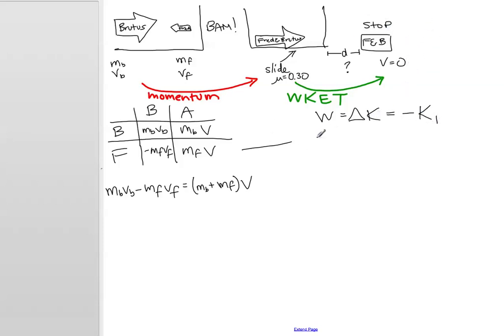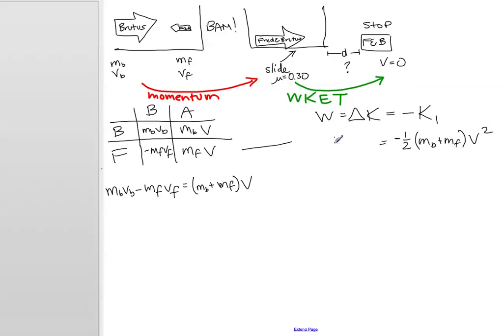So that is negative 1/2 the mass of what's moving, which is mass of Brutus plus mass of Fred, times the initial velocity before the work started. So that would be this velocity here, v squared. And that has to be equal to the work.